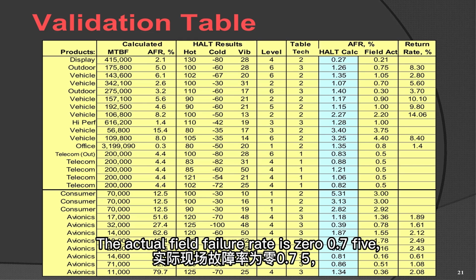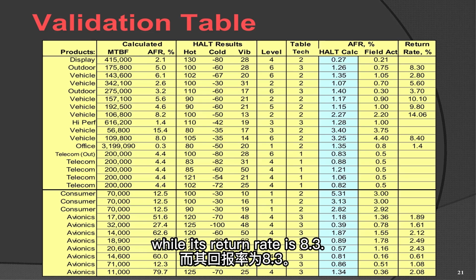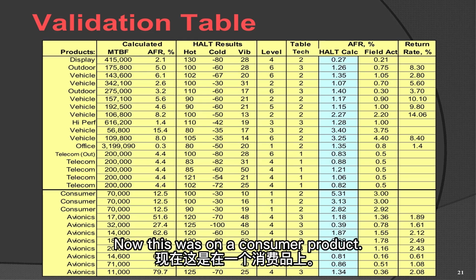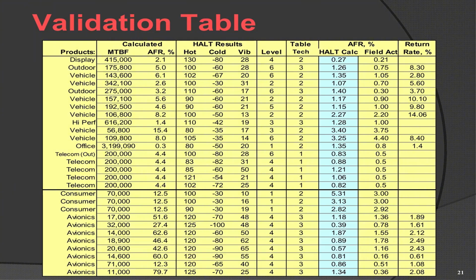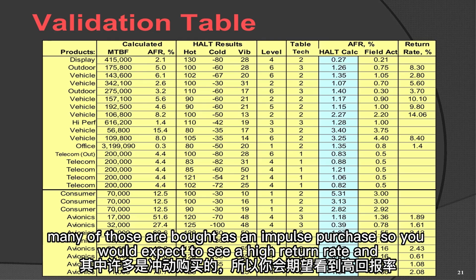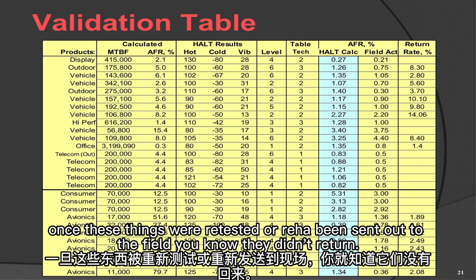The actual field failure rate is 0.75, while its return rate is 8.3. Now, this was on a consumer product for the outdoor, and many of those are bought as an impulse purchase. So you would expect to see a high return rate, and once these things were retested and sent out to the field, they didn't return.